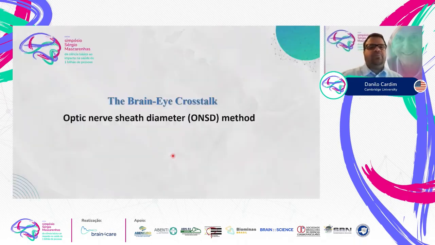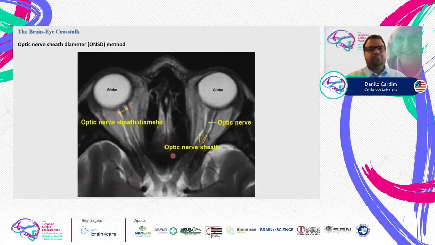And then the second method that I had the opportunity to work with during my PhD with one of my colleagues is the optic nerve sheath diameter, that is basically this crosstalk between what happens in the brain in terms of pressure and what happens to the eye. So here, for example, we have an MRI of the head, and then we can observe certain structures of the central nervous system.